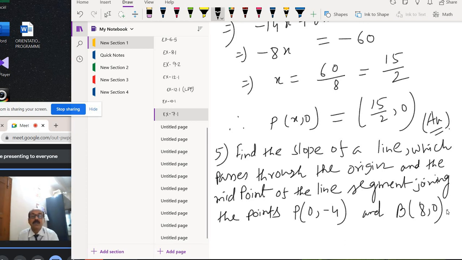So the line passes through the origin, meaning 0, 0, and the midpoint of the line segment joining the points 0, minus 4 and 8, 0.